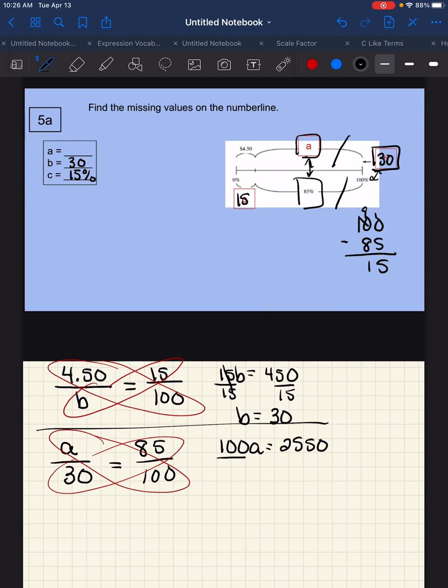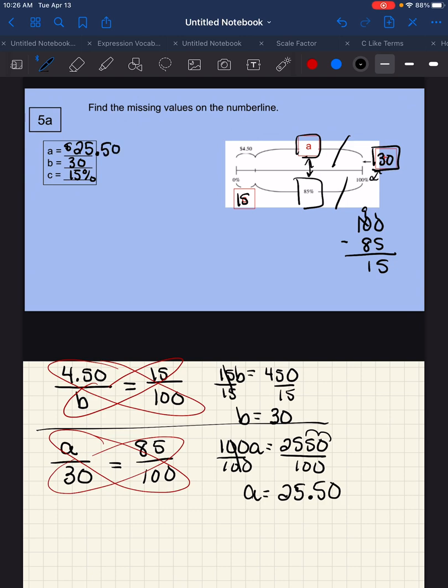And then I'm going to divide that by 100 because I need that to go away. It's a one-step equation. And so when I divide that by 100, that shifts my decimal over two places. So it's 25.5. You do need the zero there because it's money. So it's $25, decimal point 50, $25.50.